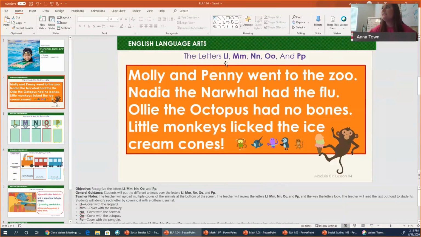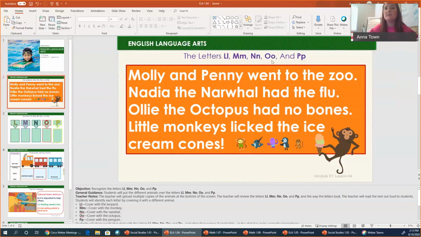We are going to start by identifying the letters. L. Say L. L. M. M. N. N. O, which is a vowel.